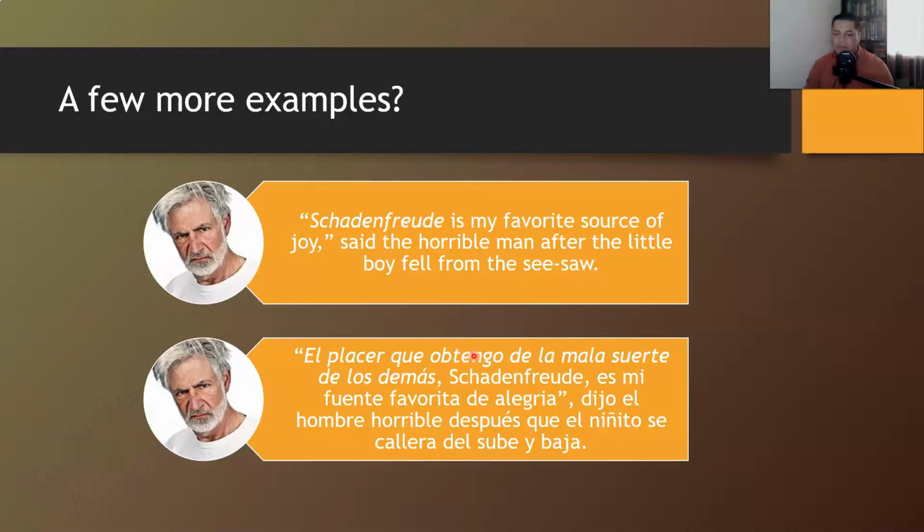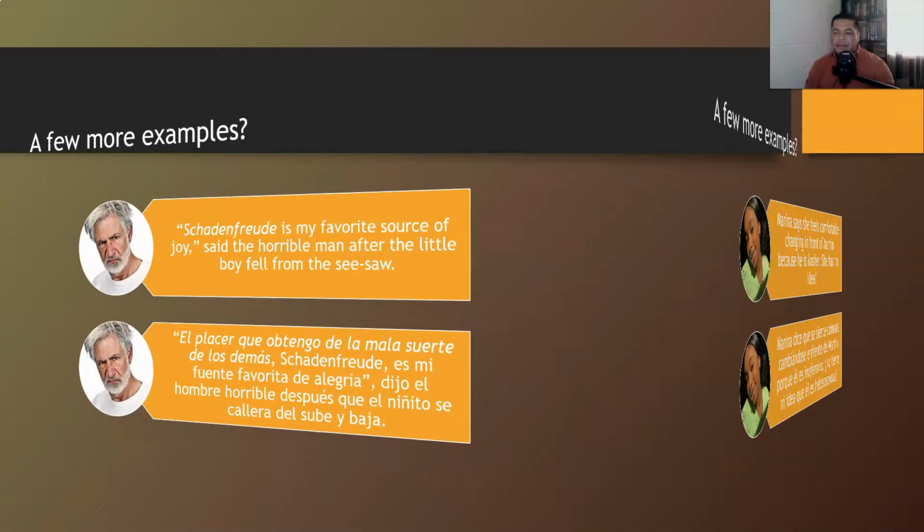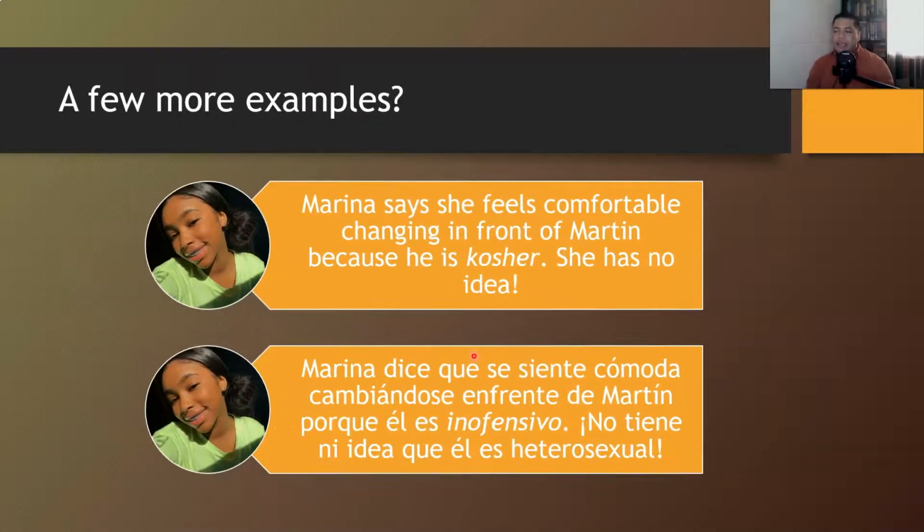So that's a variation, of course. That's another possibility. One more example. "Marina says she feels comfortable changing in front of Martin because he is kosher." She has no idea. Now let me explain this kosher meaning. Kosher is a specific process of cooking and preparing foods for Jewish people.